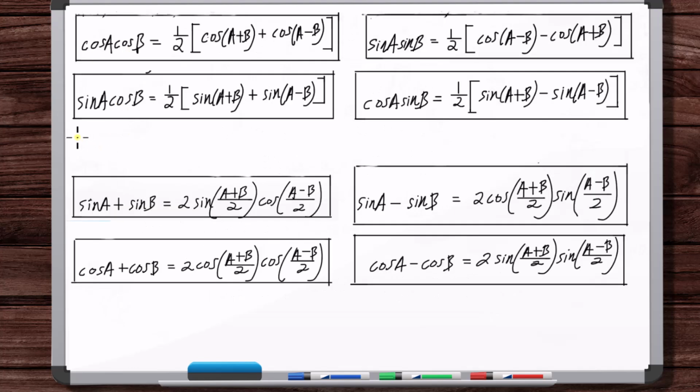Okay, and there we go. Here are the product to sum identities, and here are the sum to product.